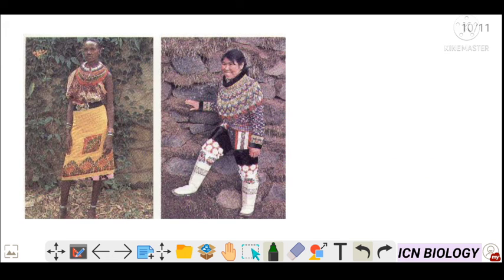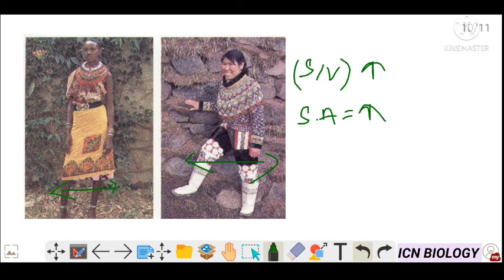Here also two females, one female having smaller body size, one female having larger body size. The female having smaller body size has higher surface by volume ratio. Due to high surface by volume ratio, their surface area is also high. Due to high surface area, they should be present in warmer climatic condition.